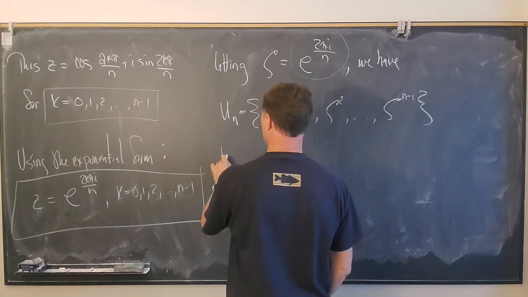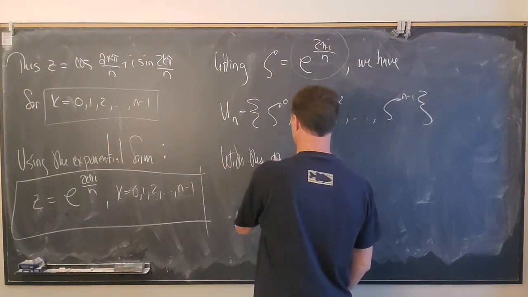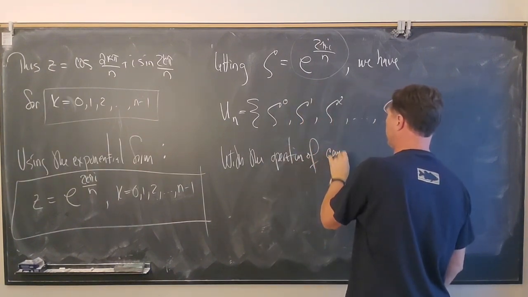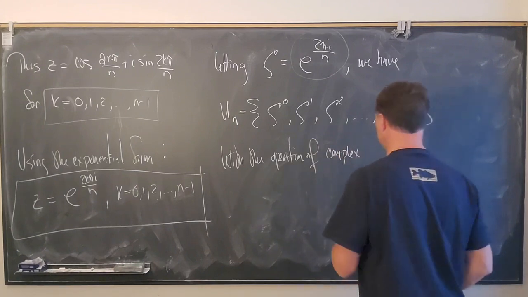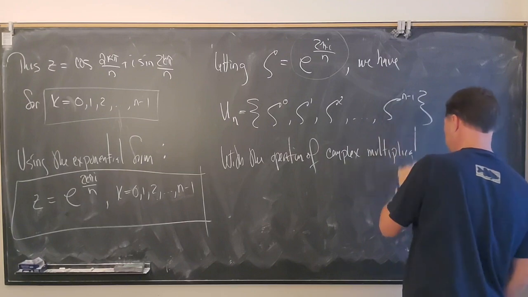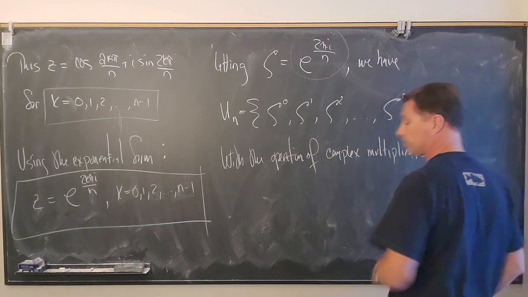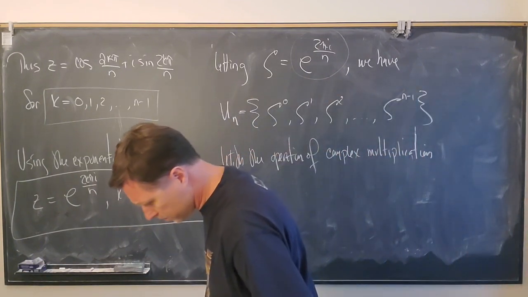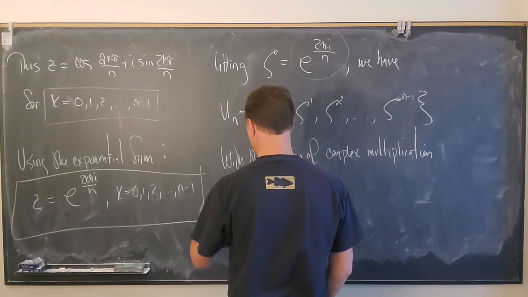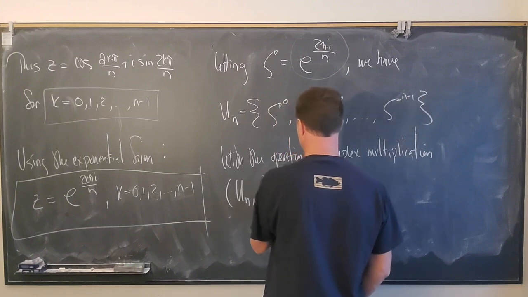Now, with the operation of complex multiplication, which I'll use that same symbol, little dot, U sub n with the dot is a group.